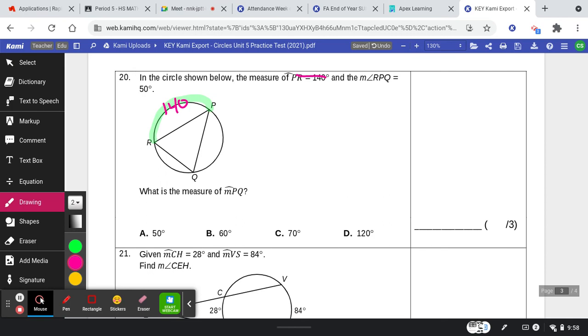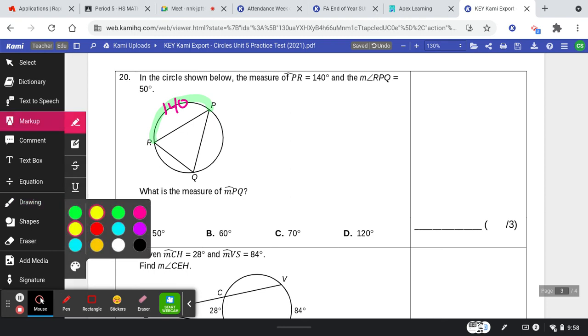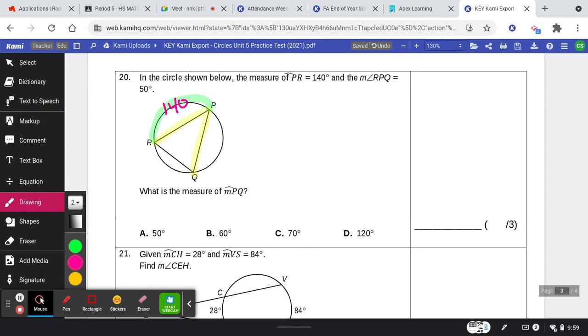Next, it told us that the measure of angle RPQ is 50. Go label that. That right there is a little hint on something about the arc.